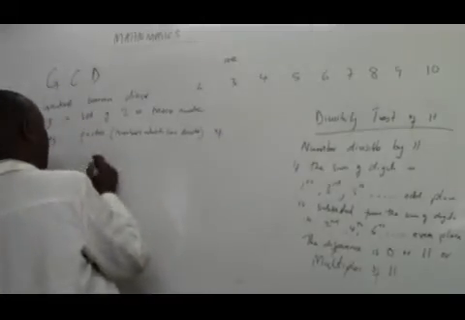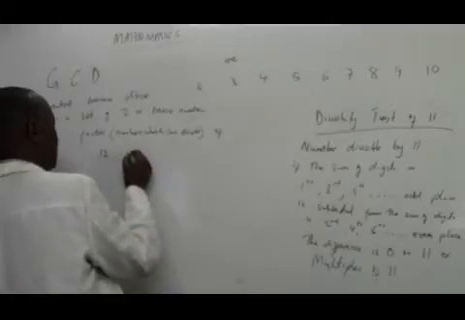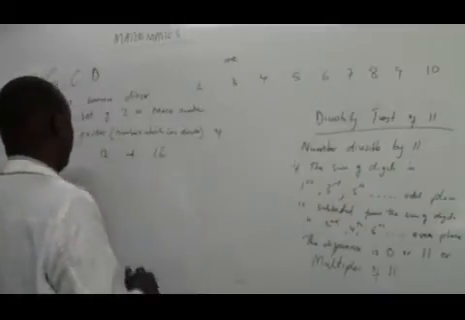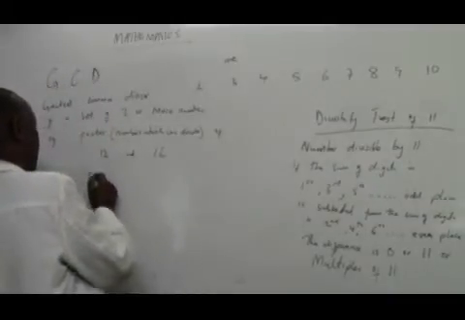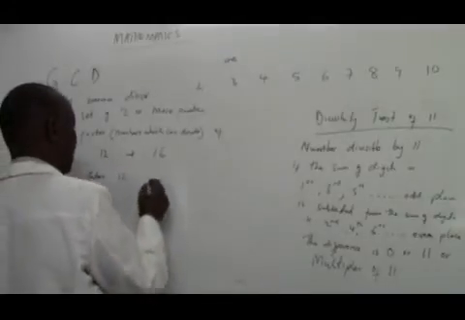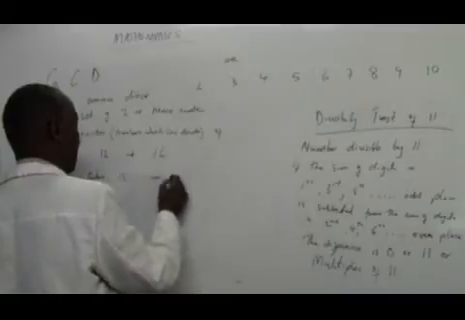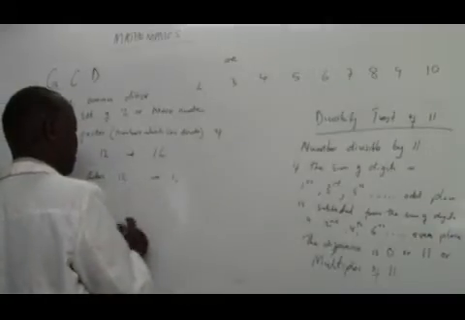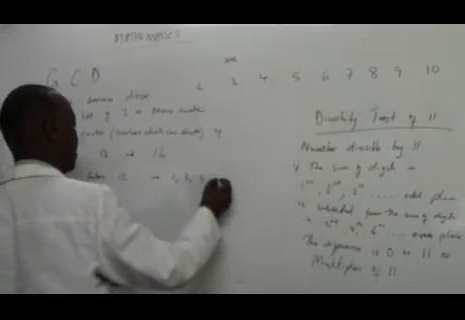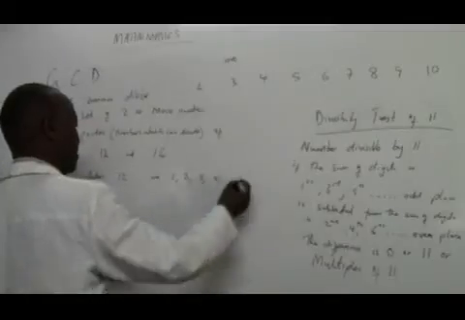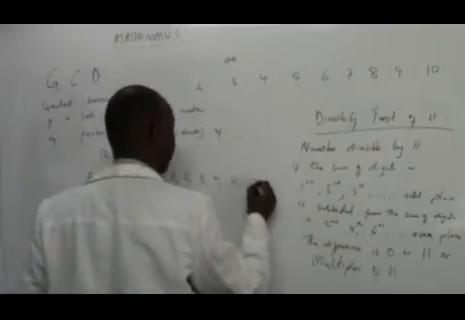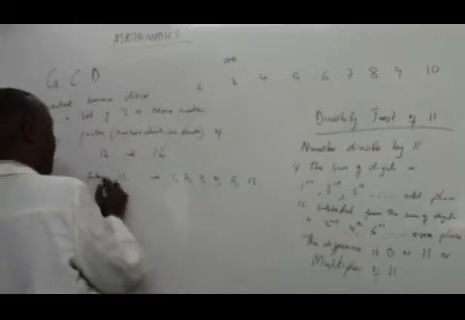Factors of 12 are 1, 2, 3, 4, 6, and also 12 can divide itself.